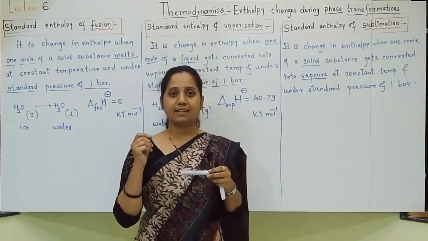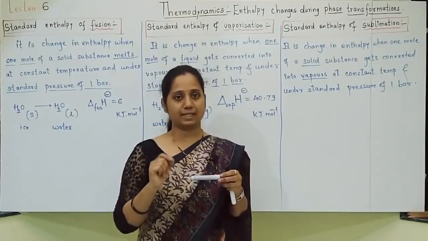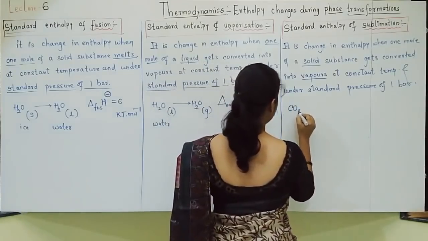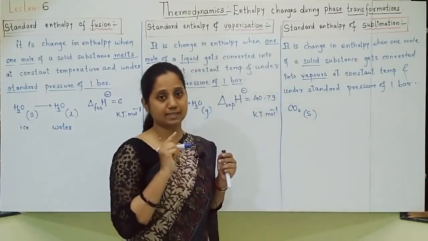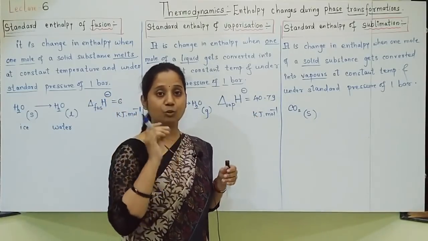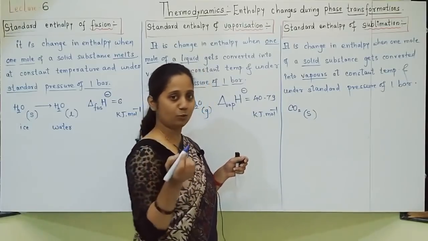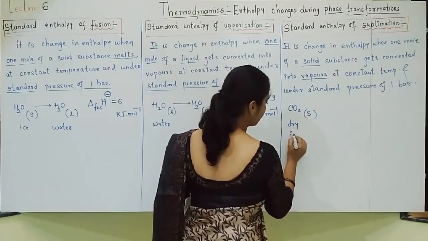What is dry ice? Solid carbon dioxide is called dry ice. See here students, carbon dioxide, I am writing solid. Is it possible? Yes. Carbon dioxide gas is converted into solid form on compression and cooling, then it is called dry ice.